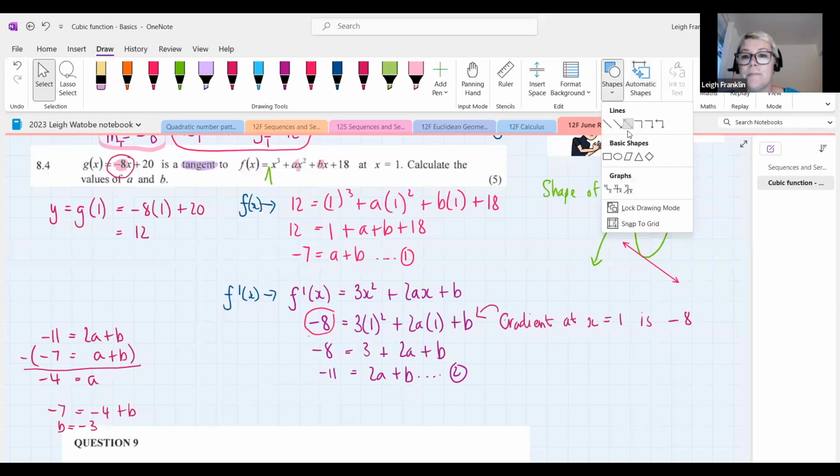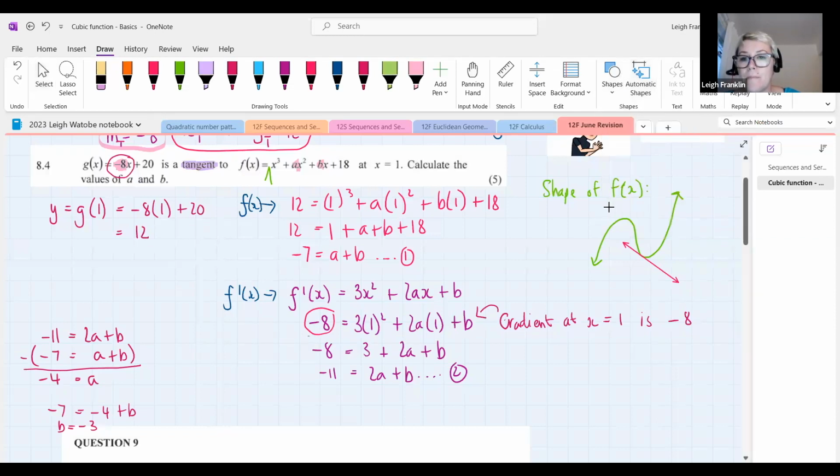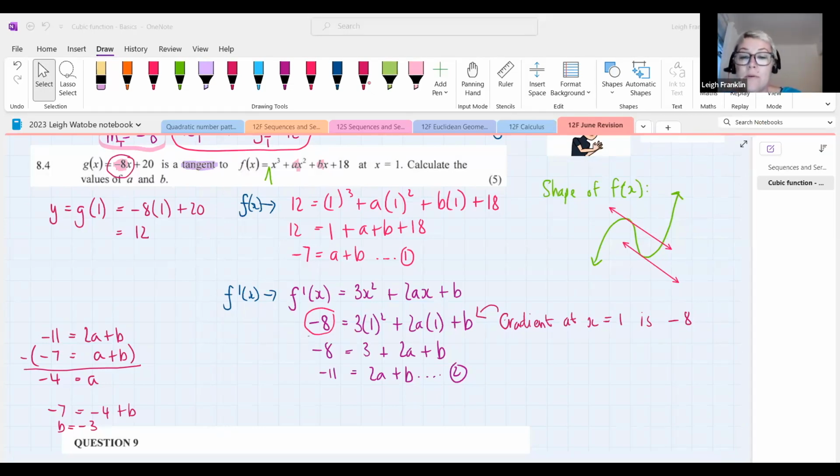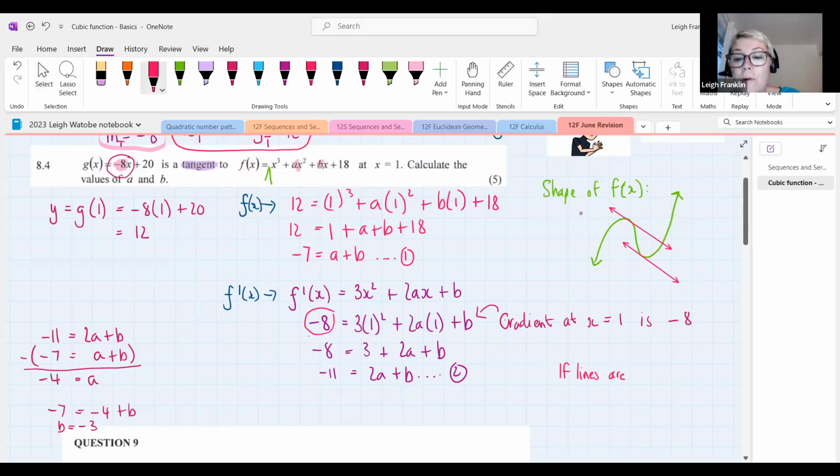If, in a situation, they ask us to find the tangent of a line using parallel or perpendicular lines, how do we do that, ma'am? Okay, so not a problem. If lines are parallel, then your gradients are equal.